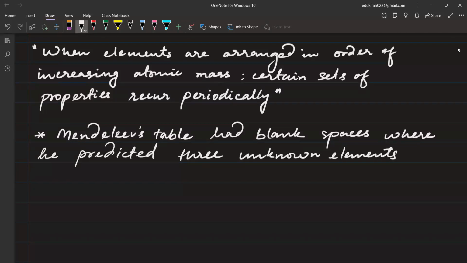These elements were later discovered as germanium, gallium, and scandium.